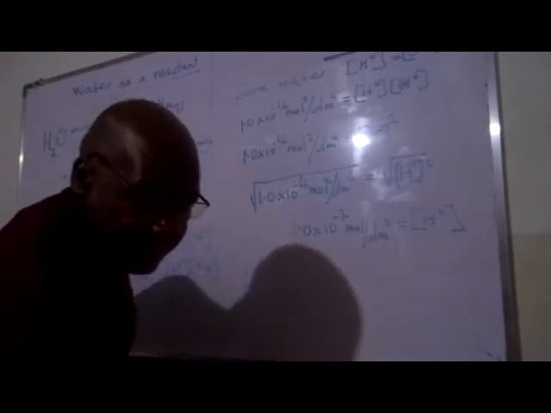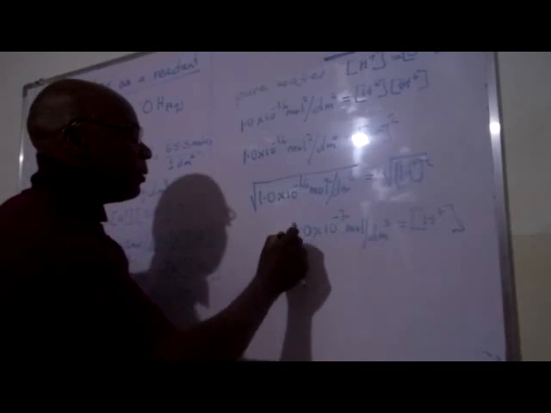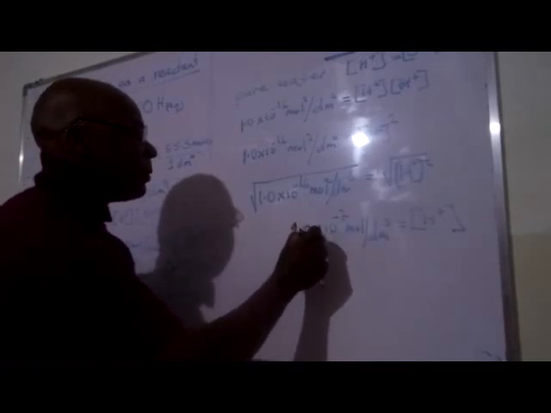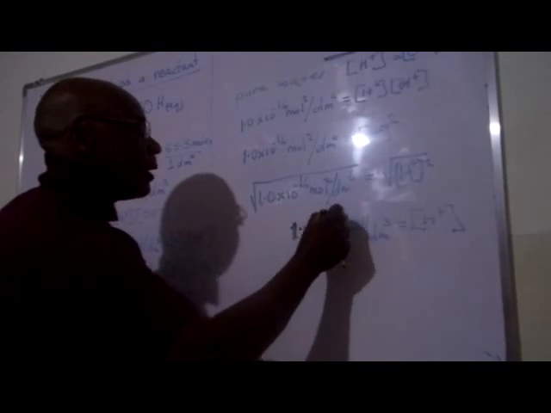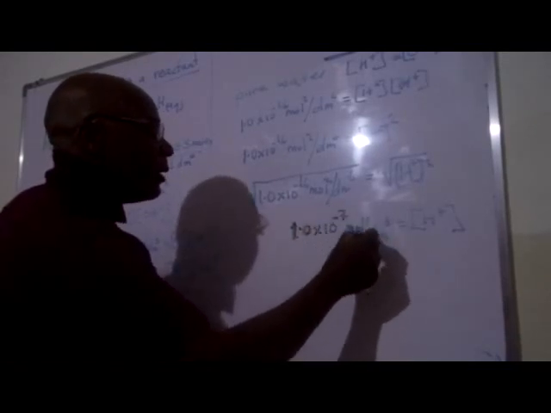My marker is behaving. So this is 1.0 times 10 to the power minus 7 moles per cubic decimeter. If you can see from your analytical chemistry, that's a concentration unit, moles per cubic decimeter.